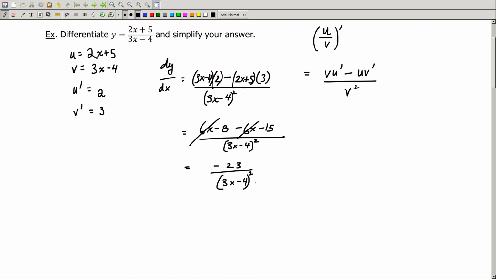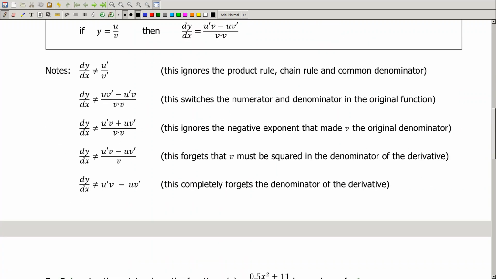Ladies and gentlemen, that is the quotient rule. Let's apply it to another example.